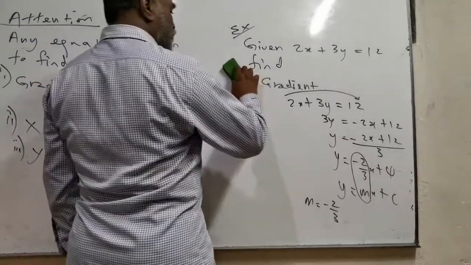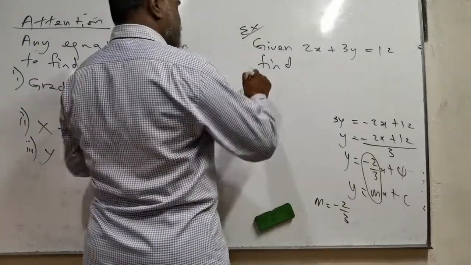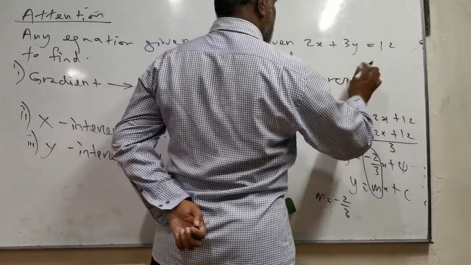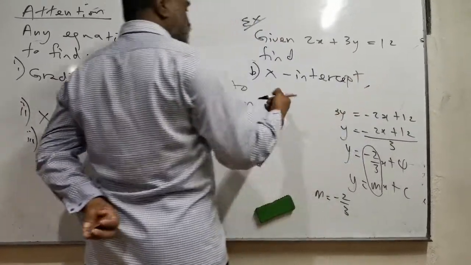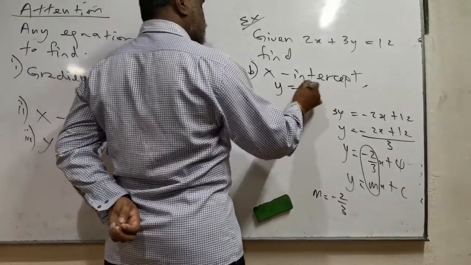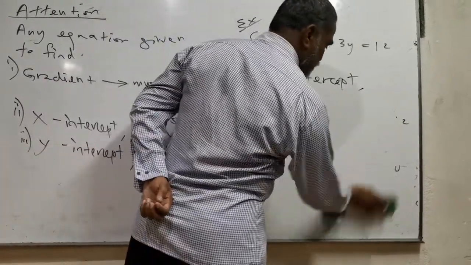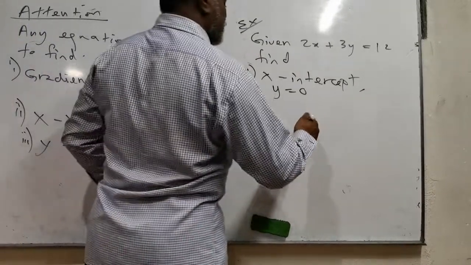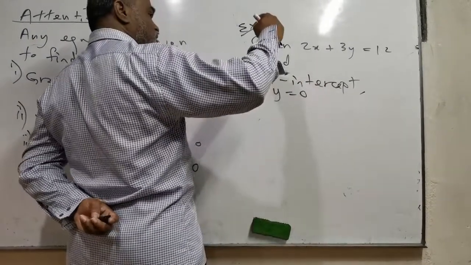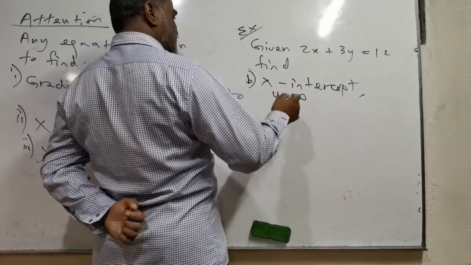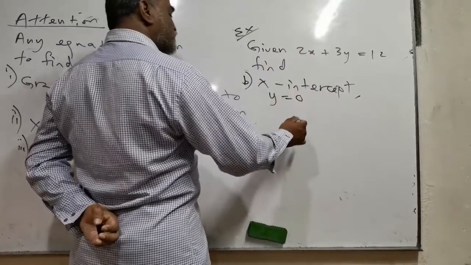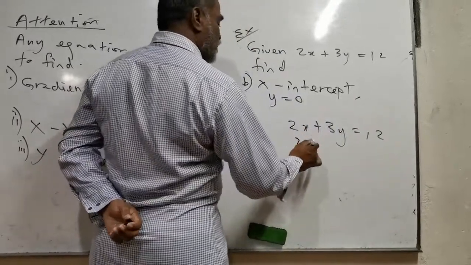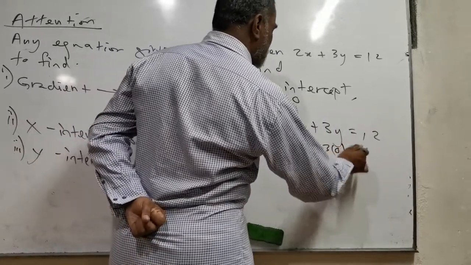Same thing goes for the x-intercept. Let's say they ask for the x-intercept. Just now I explained that the x-intercept means the line cuts the x-axis, or lies on the x-axis, so automatically the y will be 0. So you substitute y equals 0.